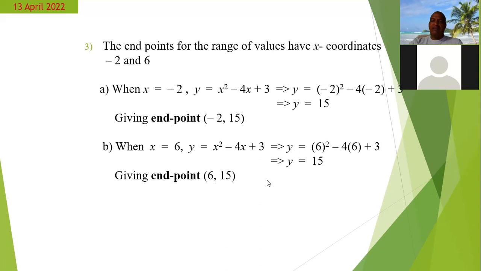All right, so we would have now all the points that we need to sketch the graph. And so all we need to do now is to just sketch. Now, when we're sketching, we don't even need to use a scale. We can just use a rough estimate of where these values would be on the graph.